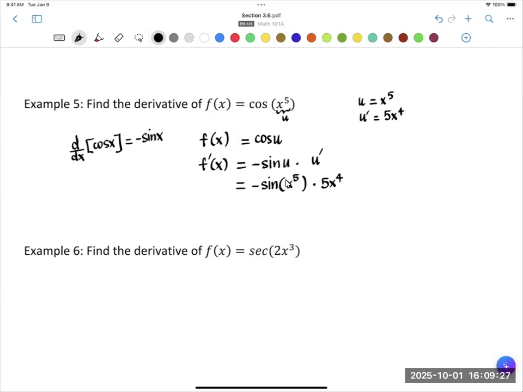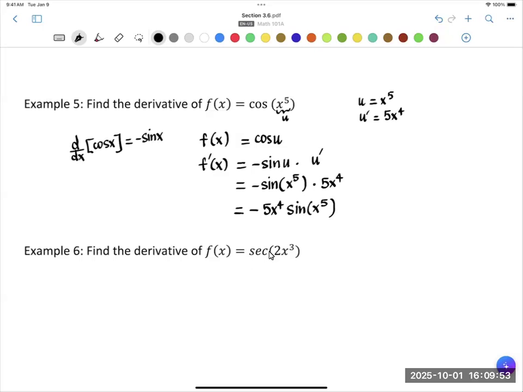Okay, so again, to avoid confusion, we're going to bring the 5x to the power 4 to the front, because there's a common mistake that people may make, 5x to the power 9. So I'm going to bring that to the front: negative 5x to the power 4 times sine of x to the power 5. Okay, so that is the answer for cosine of x to the power 5.